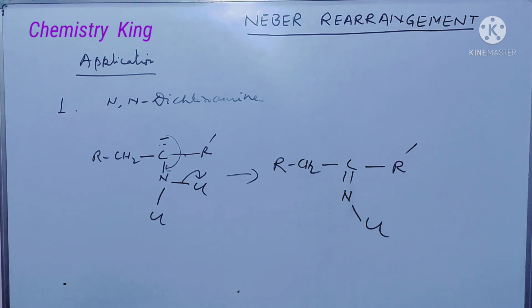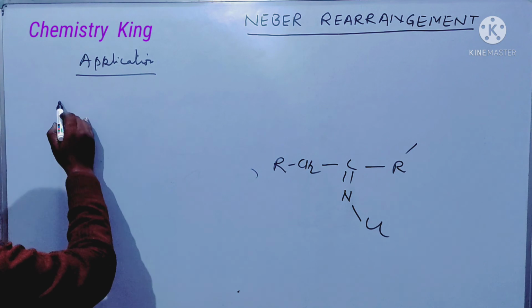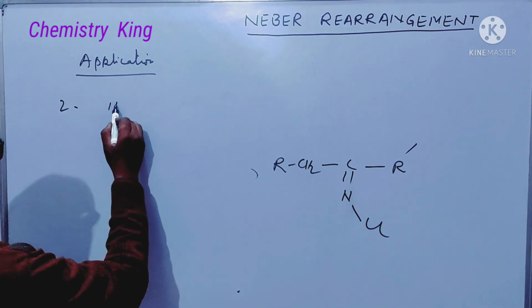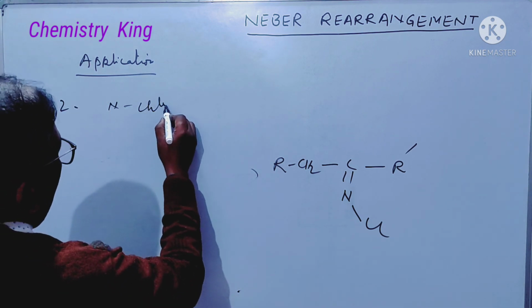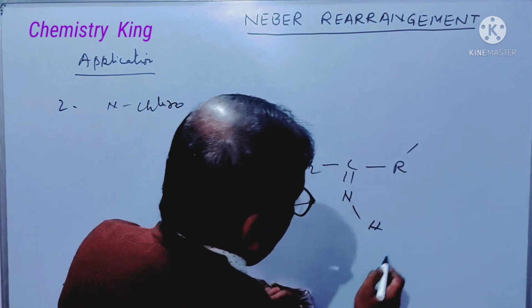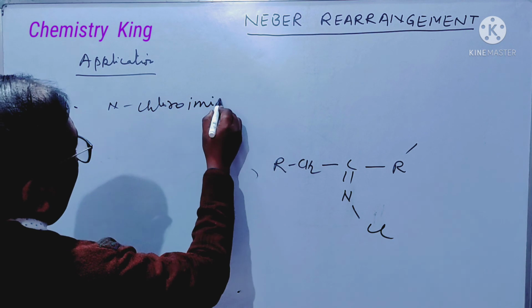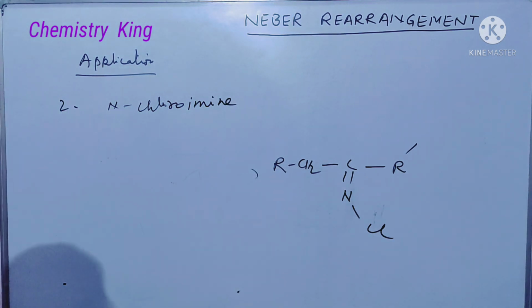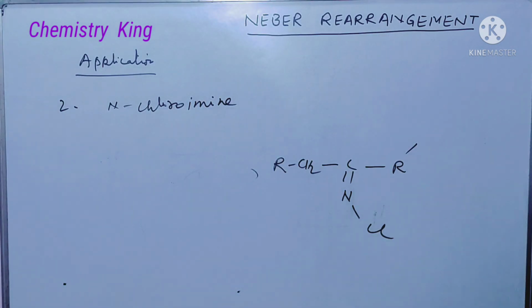And so the second application will be, it is carbon nitrogen double bond. If nitrogen is here, it is imine, and chlorine is here, N-chloroimine will also give the Neber rearrangement. Okay friends, this is all about Neber rearrangement. Thank you very much.